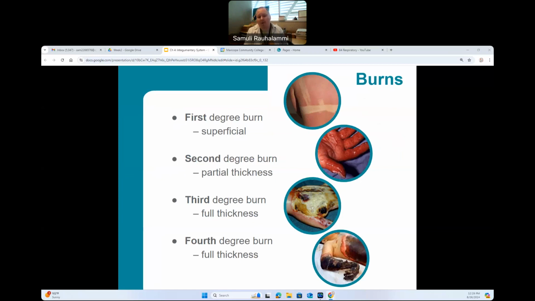And finally, our fourth-degree burns. These are the more severe type of full-thickness burns, where they extend all the way into deep tissues, such as bones, muscles, or tendons. The appearance of these burns is dry and leathery. These definitely require surgery and grafting, and often may lead to amputations as well.